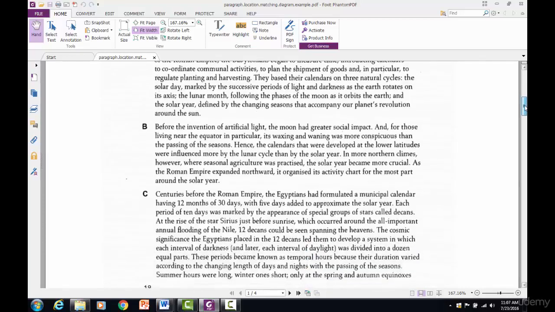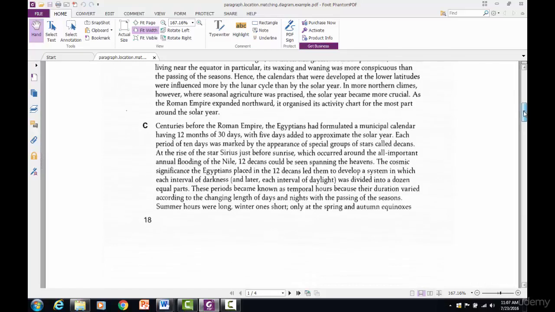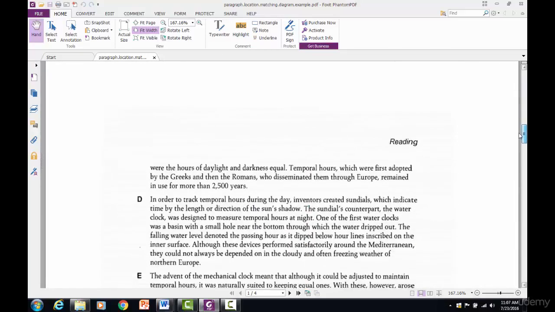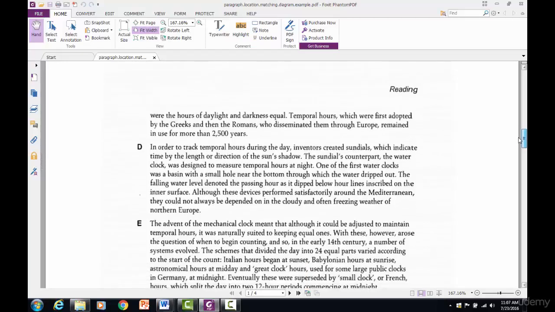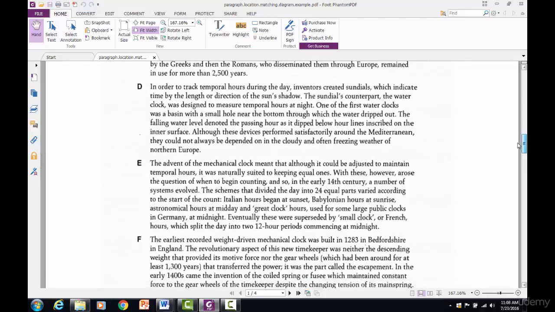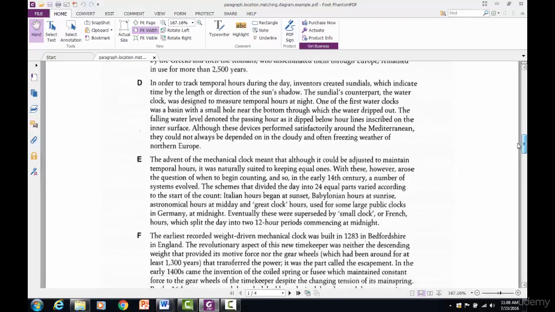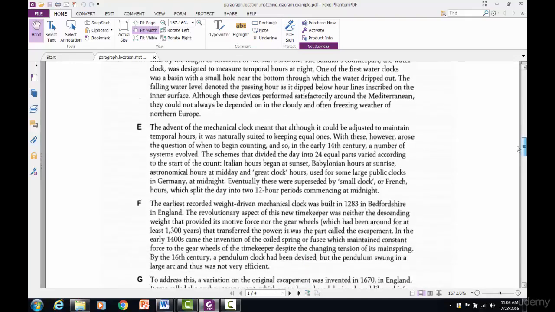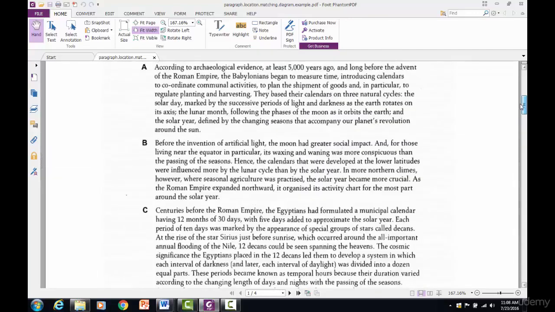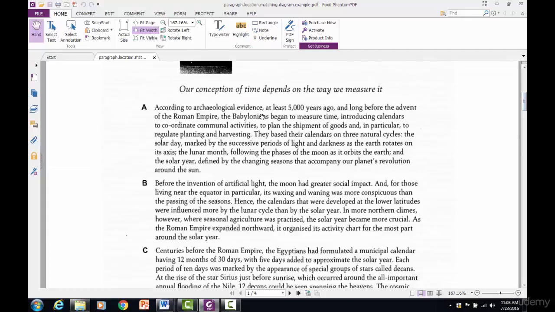Do a quick check to see if we have Egyptians twice. There's Greeks, there's Romans. There's Germany. There's French, France. There's England. All right, so I see all the names. I don't see Babylonians again, so I know it's going to be this sentence right here.